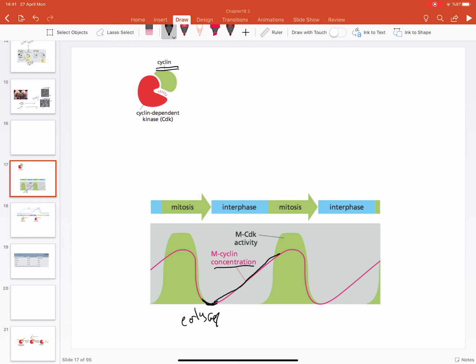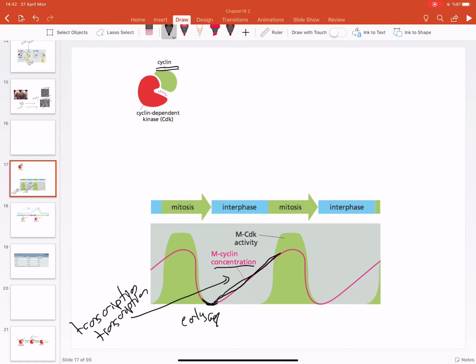If the protein amount is increasing, it can increase in only one way: transcription and translation. So it is transcribed and translated from the genome. It increases.